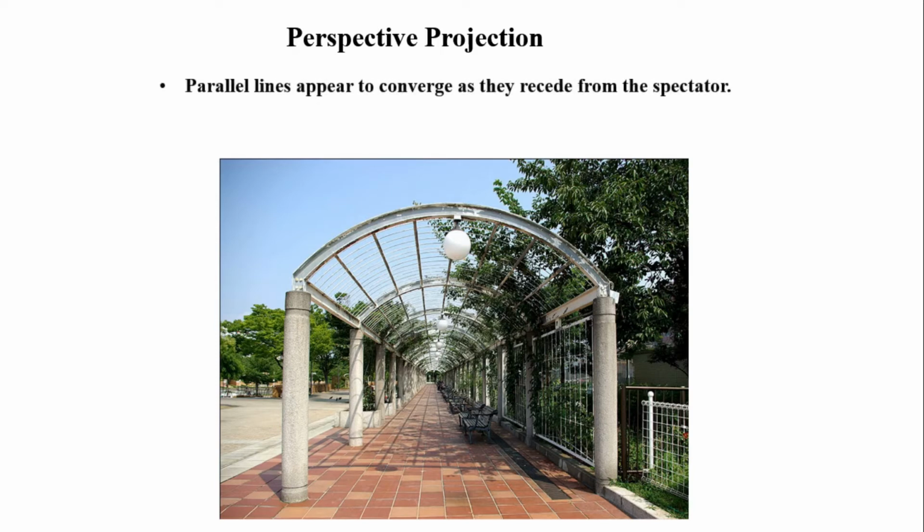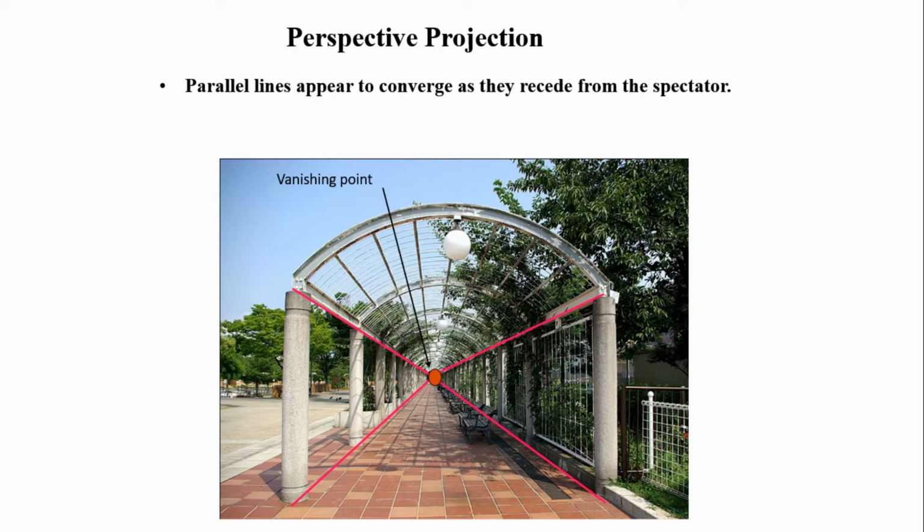This is another example of a single point perspective. All the lines of the same height or same length come together and end in a single point. That is why it is known as a single point perspective.